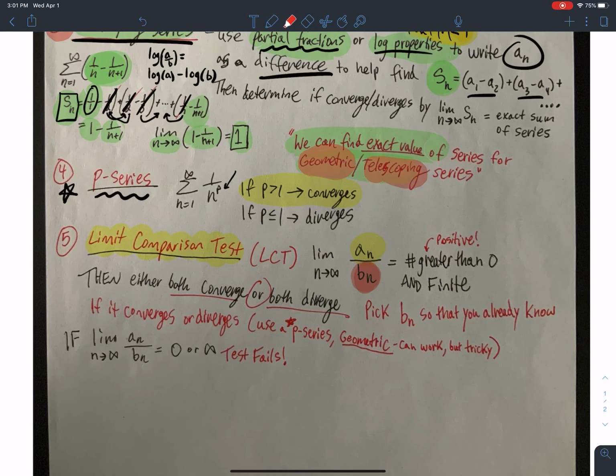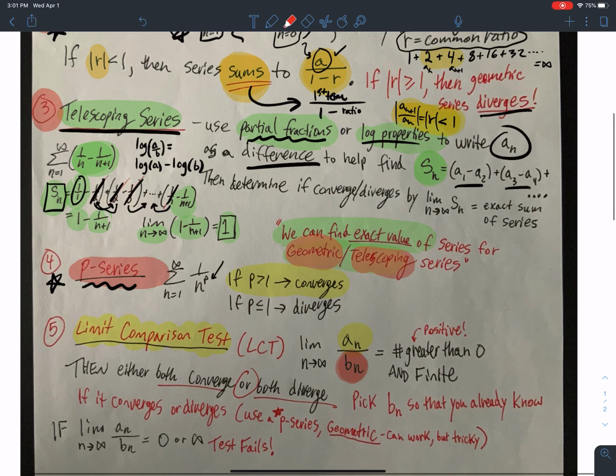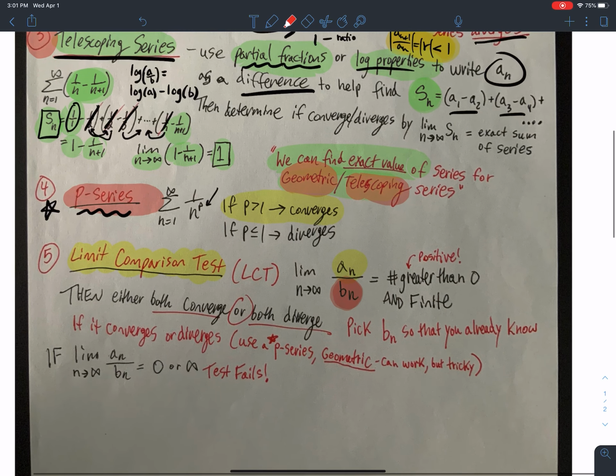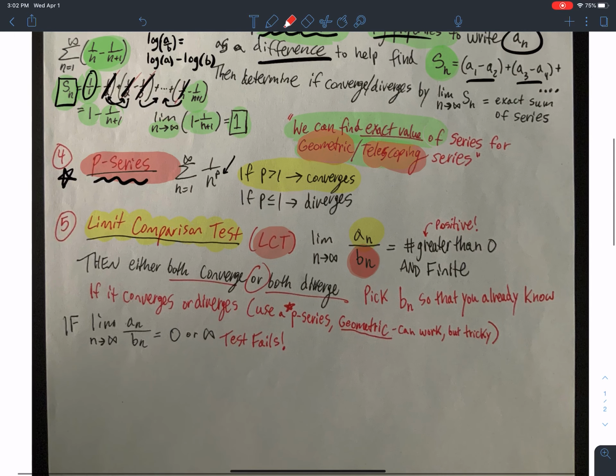So you pick a b_n that either converges or diverges by p-series, or it's similar to some geometric or something like that. Or maybe in rare cases a telescoping. But typically geometric or p-series is a good one that I compare with my limit comparison test. Personally, I like to take limits more than I like to do the direct comparison test, but whatever floats your boat on that one.